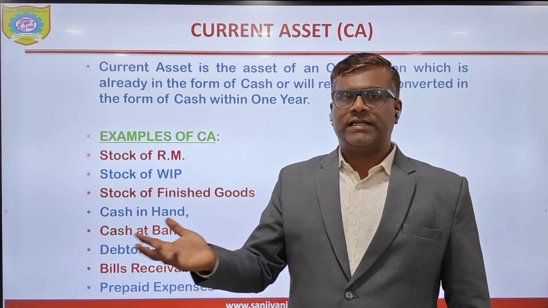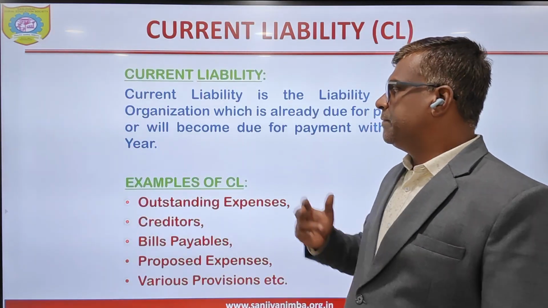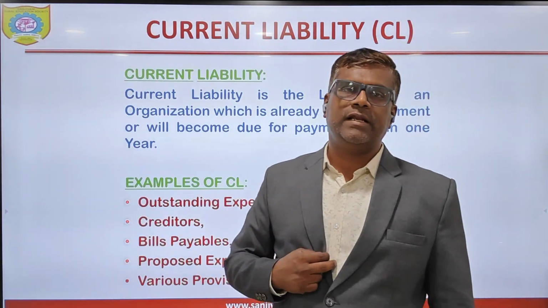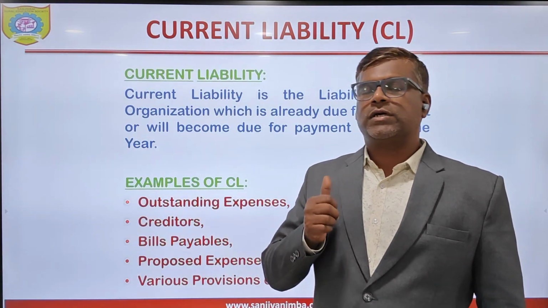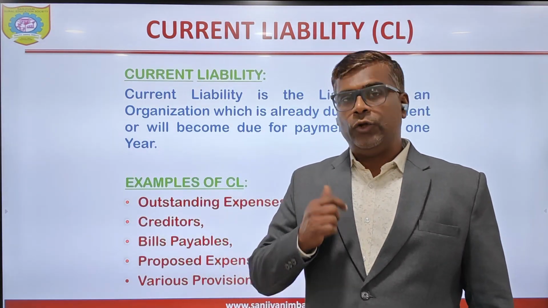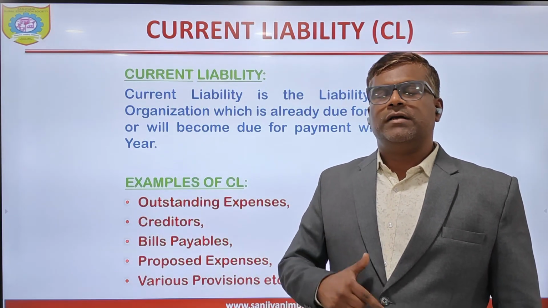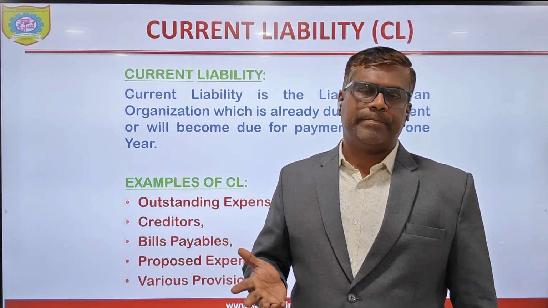Now let us understand the several current liability items. Before understanding the examples of CL, first understand what exactly current liability is all about. Current liability is the liability which is already due for payment or which will become due for payment within one accounting year.